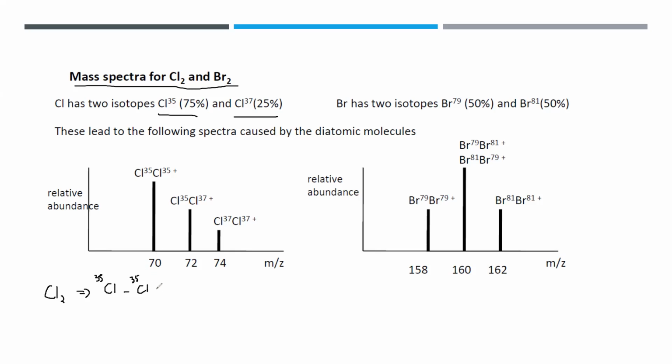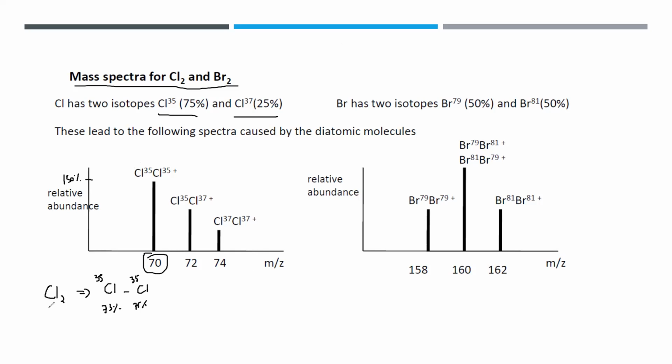So 35 plus 35, we'll get a peak at 70, and this peak will be higher. Why is this peak higher? Because it is 75% of this and 75% of the other one. When they join together, 75 plus 75, the total will be 150 in terms of percentage, in terms of height.